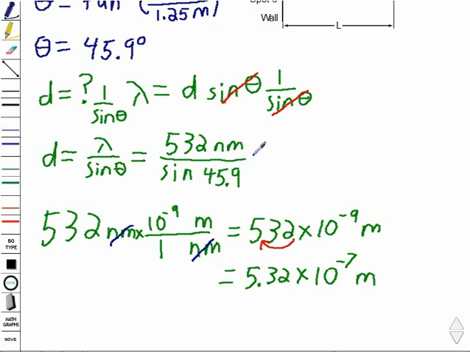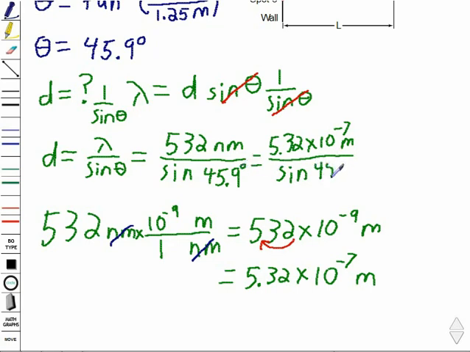So if I come back up, this is going to be 5.32 times 10 to the negative 7th meters. Haven't done anything to the bottom, so it's still sine of 45.9 degrees.